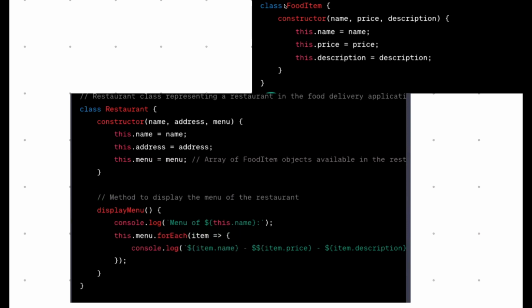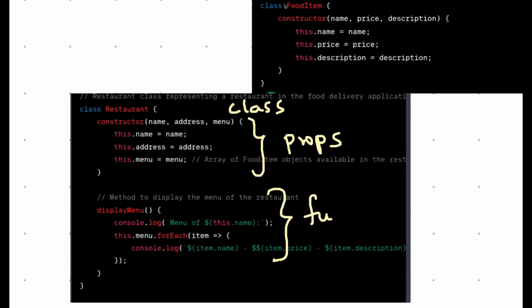One is you have a class. You first write the props or the properties, and then below that, you write your functions. Just imagine your food delivery application. Related to the restaurant itself, you will have some hundreds of functions. For example, you need to send money to the restaurant. As a food delivery application, you receive the money from the customer, so as this company, you need to pay them.